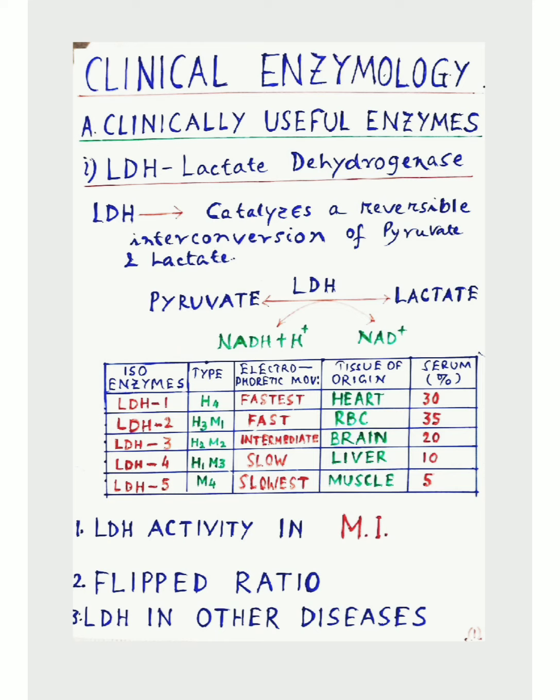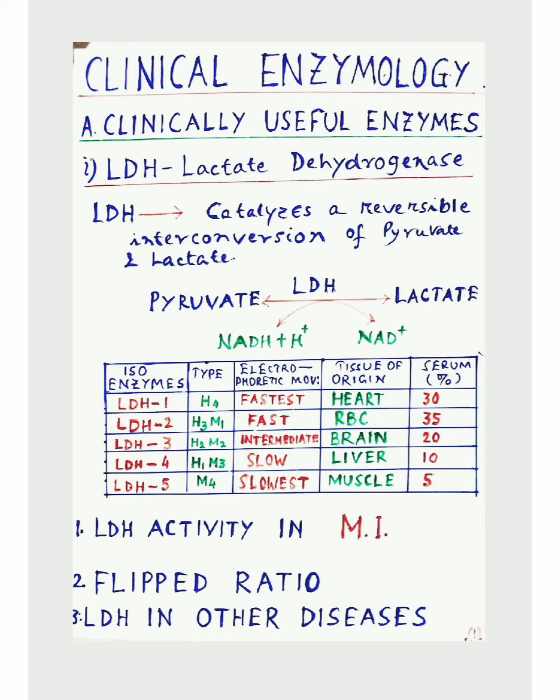H and M subunits are encoded by different genes, predominantly in heart and muscles respectively. Heart, brain, RBC and muscles are major sources of LDH isoenzymes. Its function, as I have already told you, is to catalyze the reversible interconversion of pyruvate and lactate using NADH and NAD as the coenzyme.